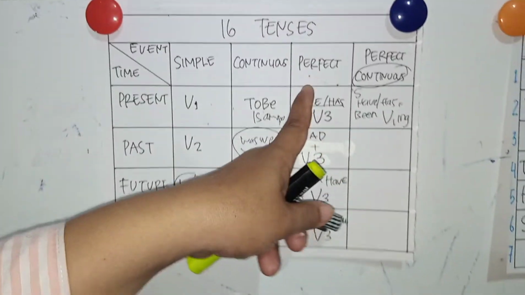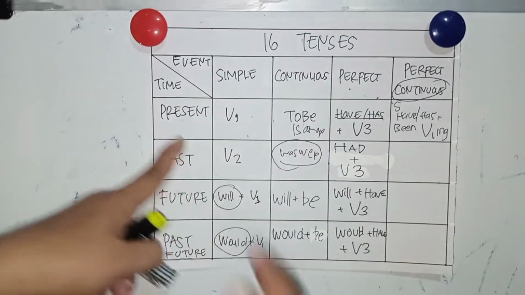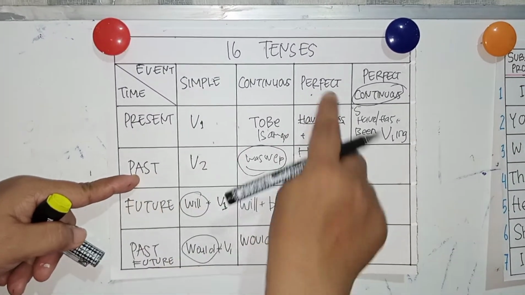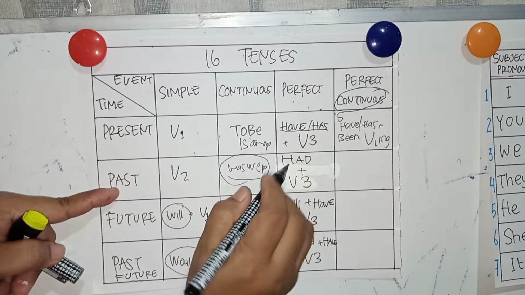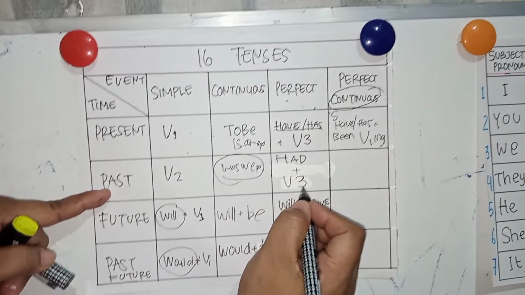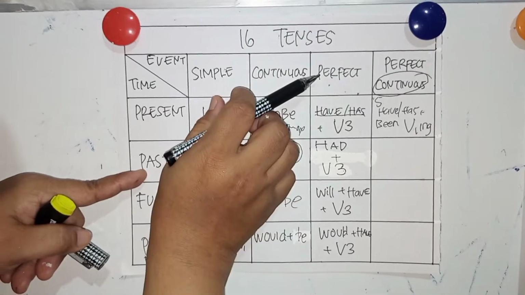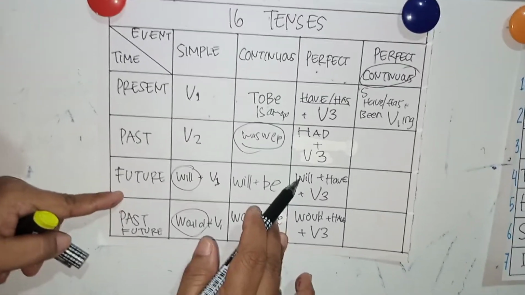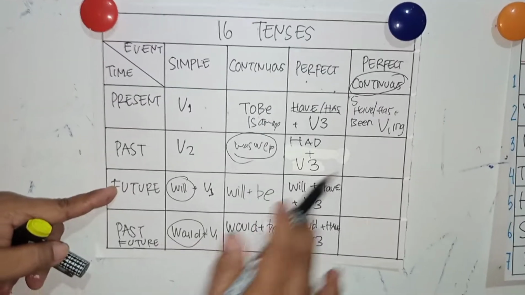When it is in a perfect form, look, present perfect: have, has. Past perfect, the have, has changing into the past form, had, still followed by verb 3 because it is in the perfect form. The next, the future, using will as the future form.